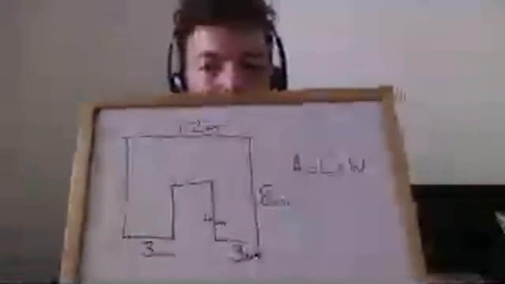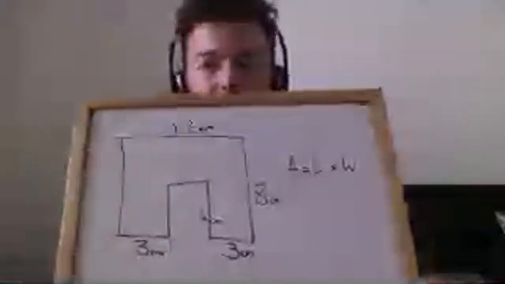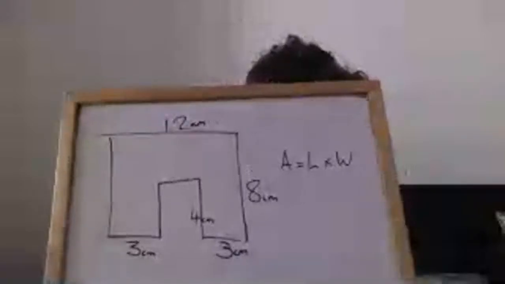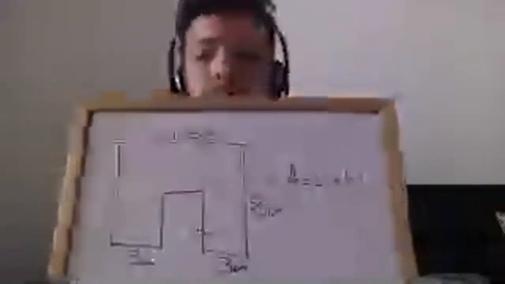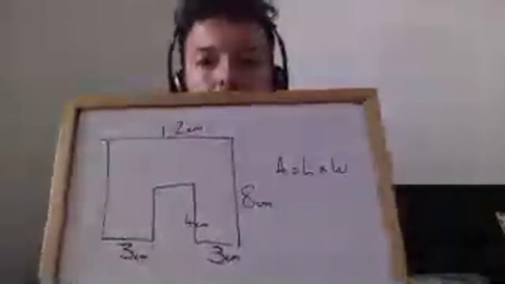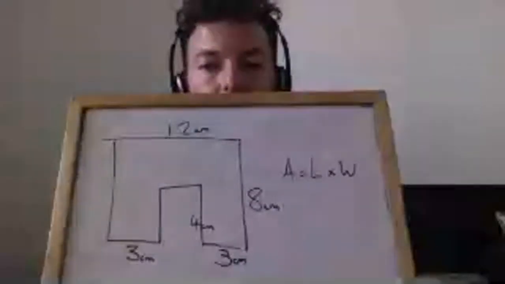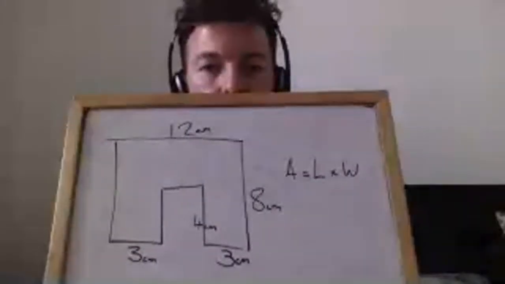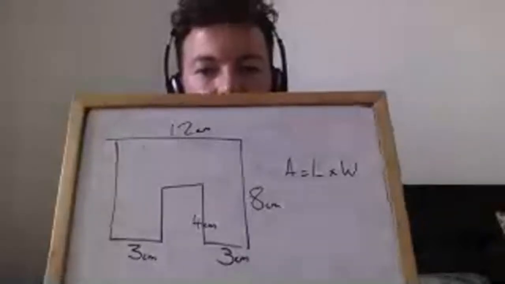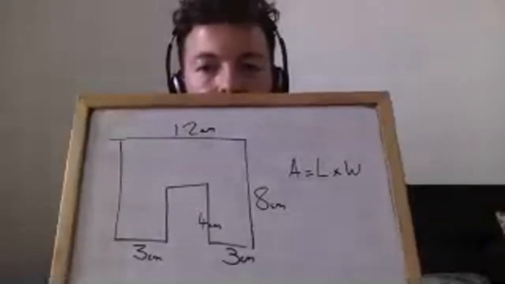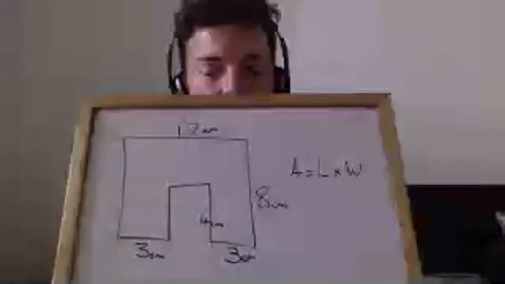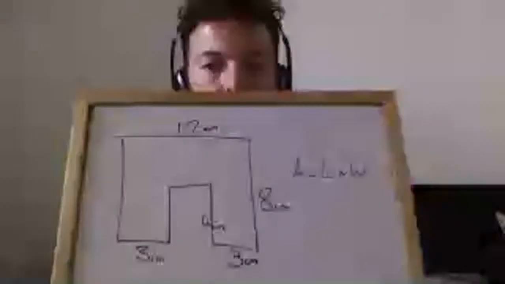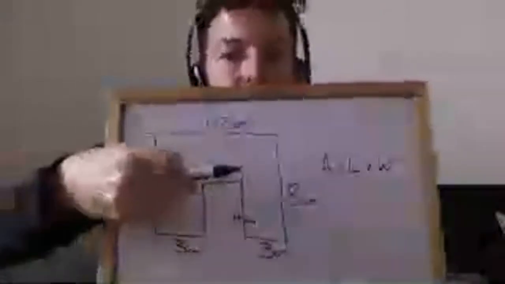I'll give you 60 seconds. See how much of this you can work out. So remember, it's irregular, so cut it into sizes that you do know. And then you use a bit of detective work to fill in the missing measurements there. This line, by the way, is perfectly flat.